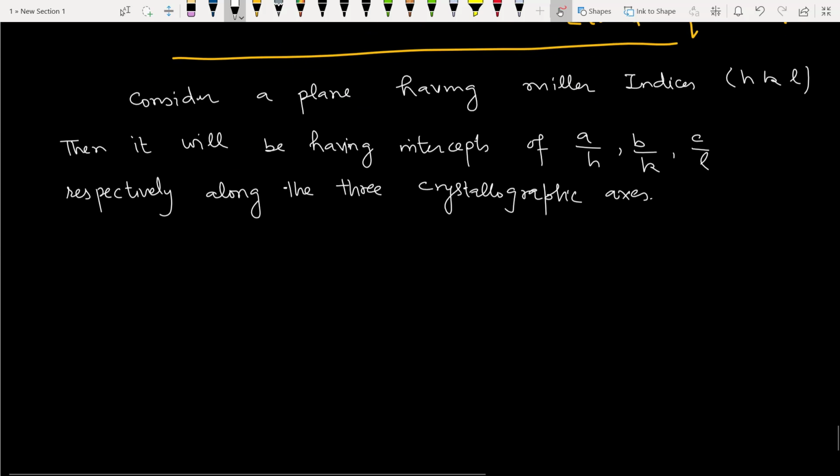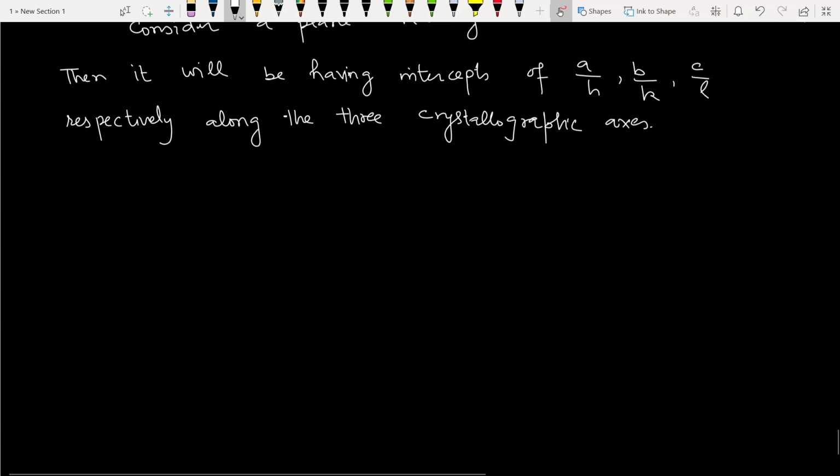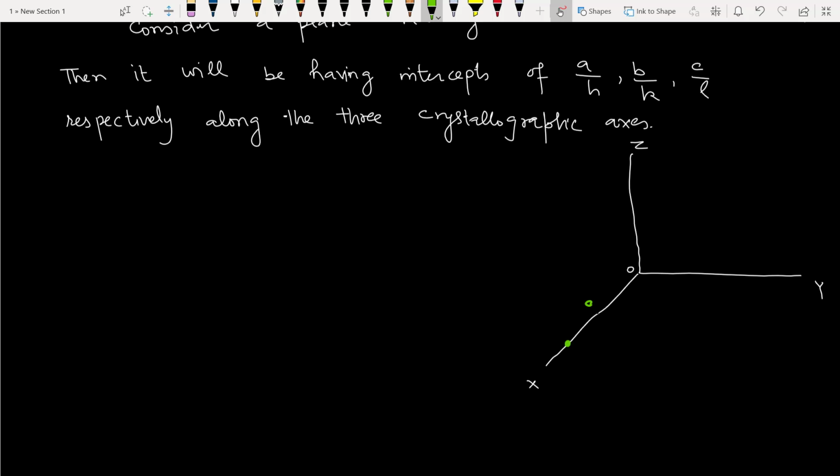The details about the intercepts we have studied in many of the previous lectures. If we represent the three crystallographic axes as X, Y and Z, and say this is the origin, then this intercept will be a by h, this point will be b by k, and this point will be c by l.